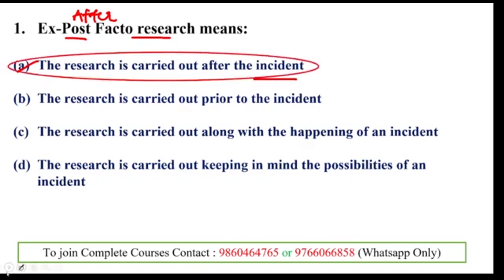Clear? For example, after the series of issues related to COVID-19, a researcher conducted research regarding the issue. That is ex post facto research. Clear?